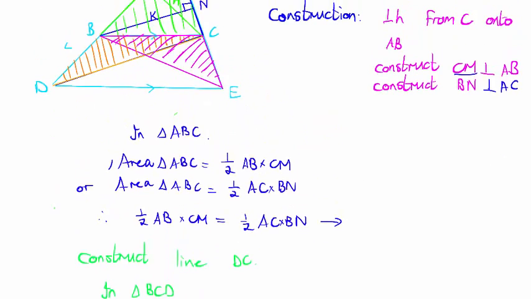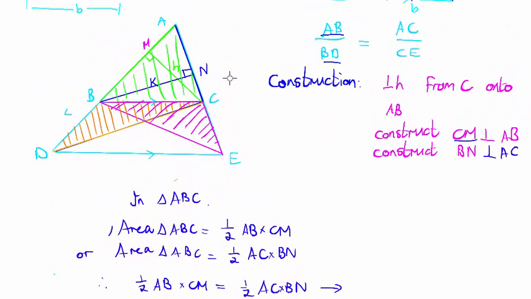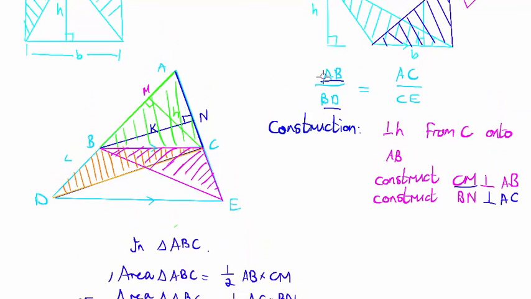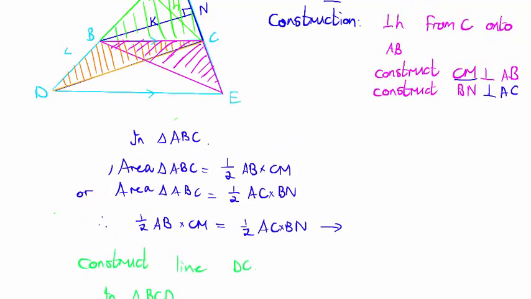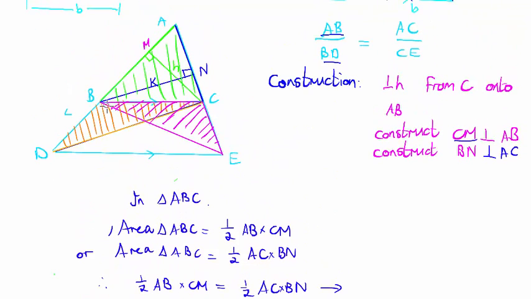And now just remember what you want to use your base for. So what I'm trying to say is just remember what you want to make the base. The two portions of that side that you want to use in the fraction are what you want to make the bases. So in this one, that's going to be my one base. So even though later on I'm going to show that these two triangles are equal because they have the same base, that's not the base that I use in this case.